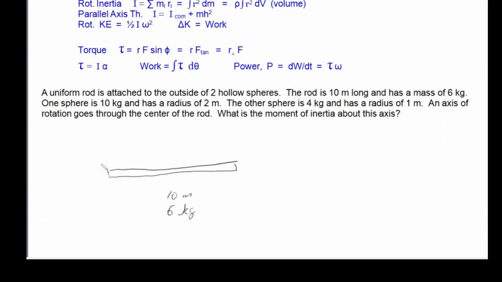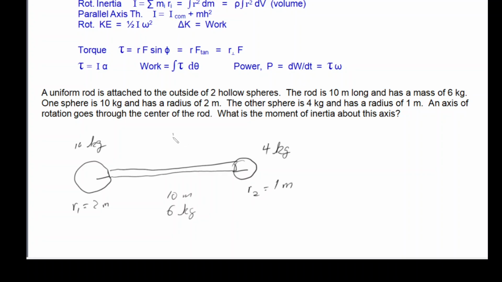It has a mass on one end and a smaller mass on the other end. This mass is 10 kilograms and has a radius, we'll call it R1, of 2 meters. And this mass is 4 kilograms and has a radius R2 of 1 meter.